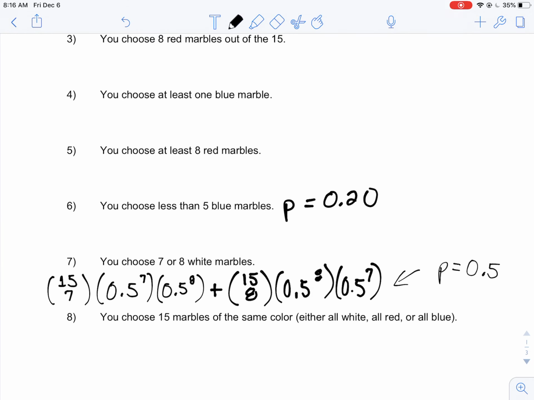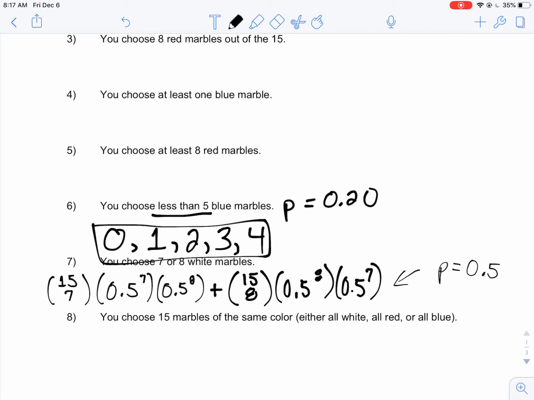So let's see. Less than 5. First of all, I want to figure out what is less than 5. I could get 0 blue marbles, 1, 2, 3, or 4. Those are the ones I'm dealing with. Those are the only combinations I care about. 5 through 15, don't need those.